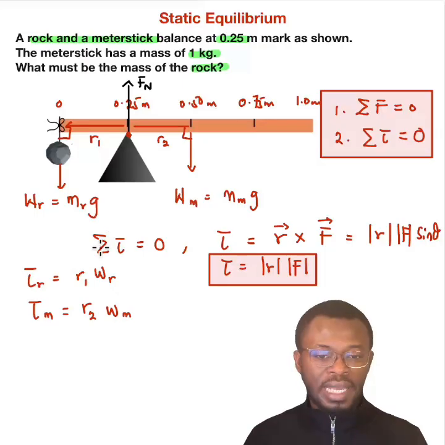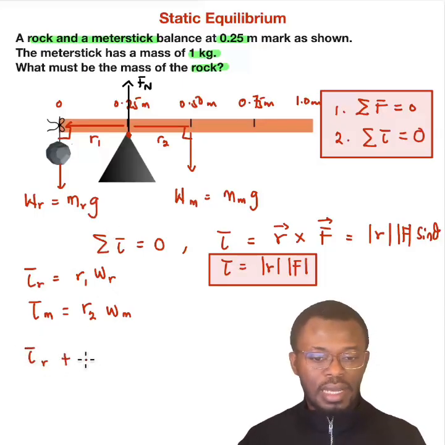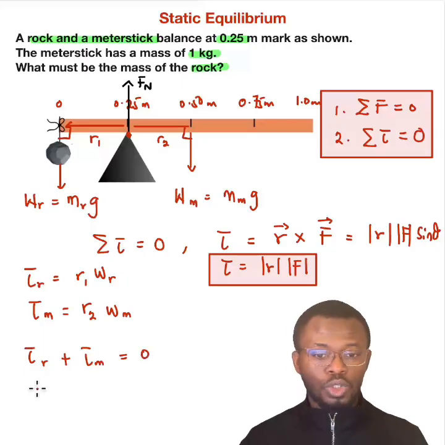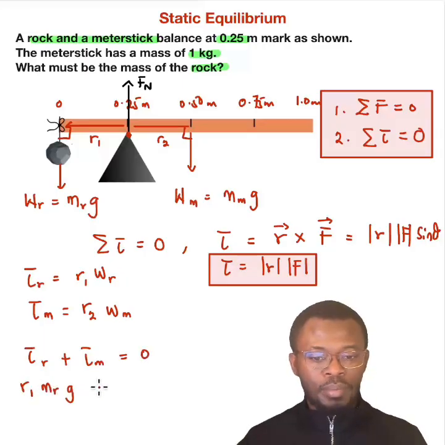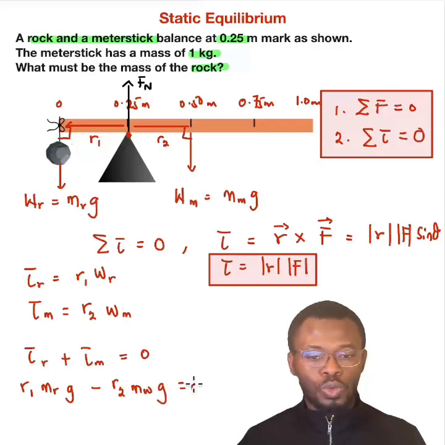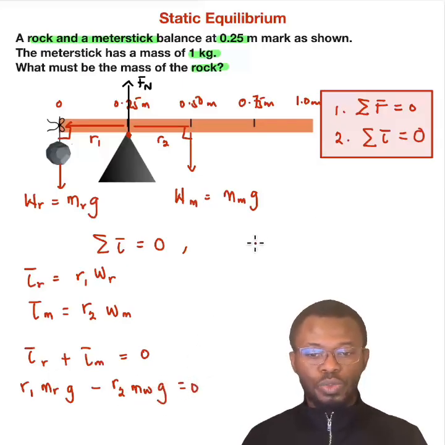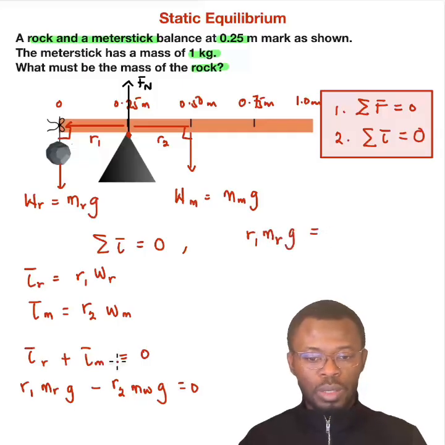So if we do the net sum of these torques, it is going to be tau R plus tau M equals 0. So we are going to have R1 mR g minus R2 m g equals 0. Moving this to the other side of the equal sign, it becomes positive, so we will have R2 m g.